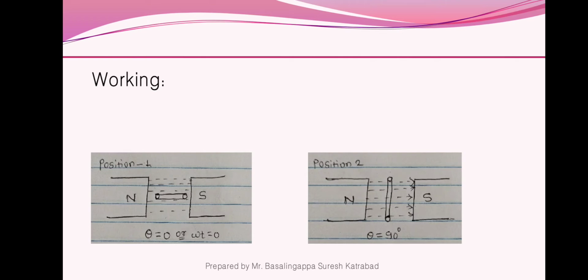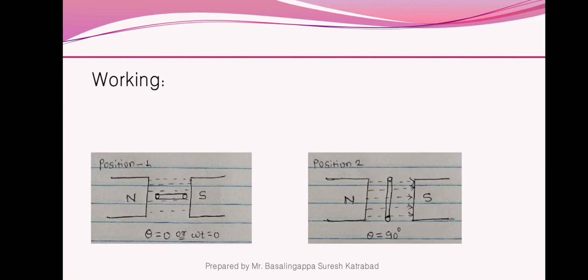An EMF is induced in the conductor. So according to Faraday's first law of electromagnetic induction, an alternating voltage is induced. So based on Faraday's law of electromagnetic induction, it works. Faraday's first law says whenever conductor is rotating in a magnetic field, conductor cuts the magnetic flux and an EMF is induced in conductor.